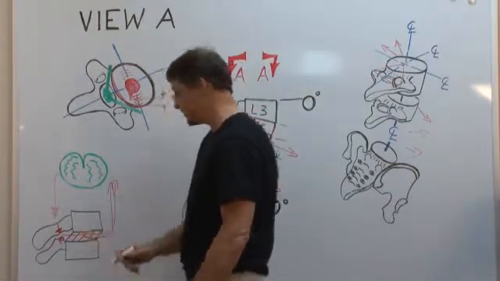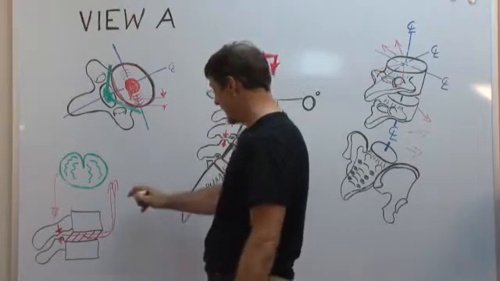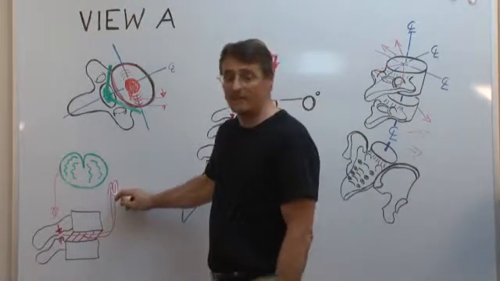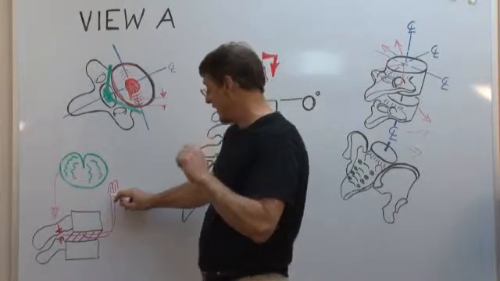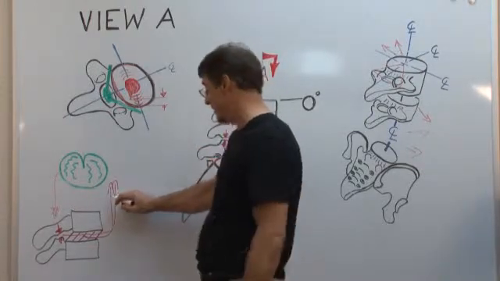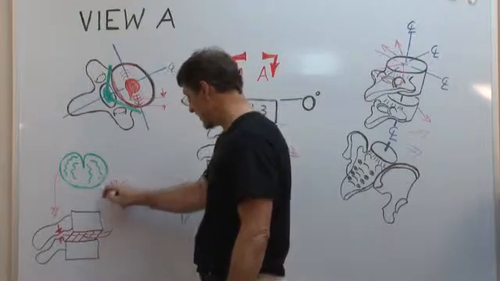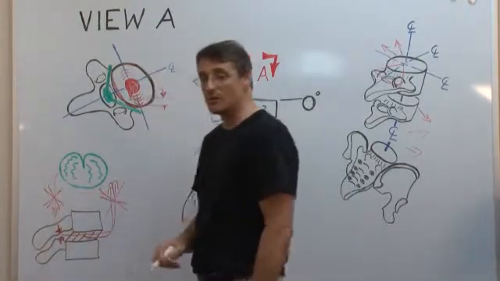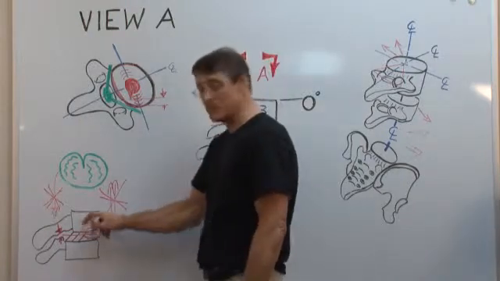So what happens is you go to the medical doctor, and he's going to give you three drugs. He's going to give you a pain reliever, an anti-inflammatory, and something to stop the muscle spasm. So chemically, he's trying to come in and break these neurologic responses to this injury.